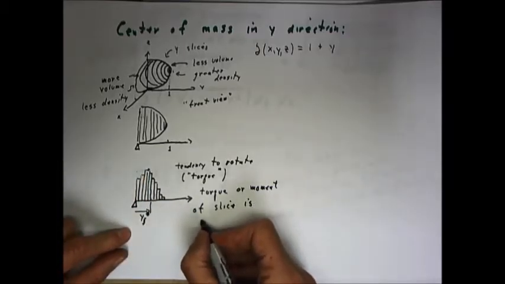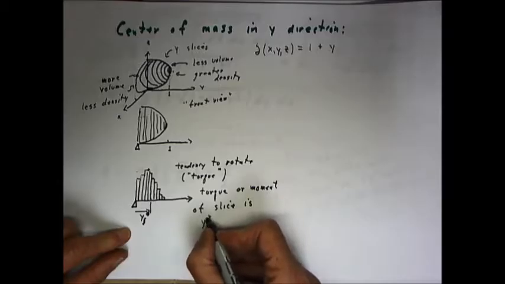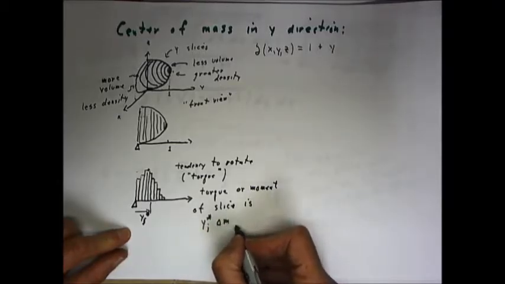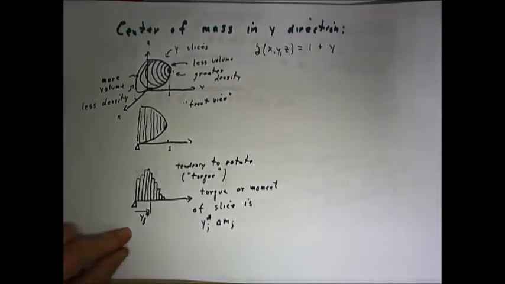So that would be y sub j star times the amount of mass in the jth interval.